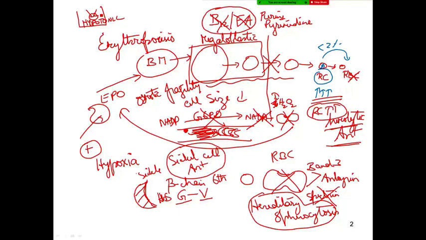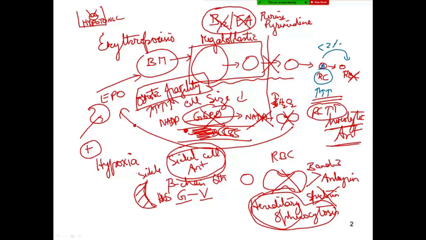But in you and me, it won't lyse very easily. But what will happen in all these hemolytic anemias, hereditary spherocytosis, sickle cell anemia, G6PD deficiency? The cell is fragile. So what should happen to the osmotic fragility? Increase. So in the question, if you see osmotic fragility increase, that means the cell is easily lysed.